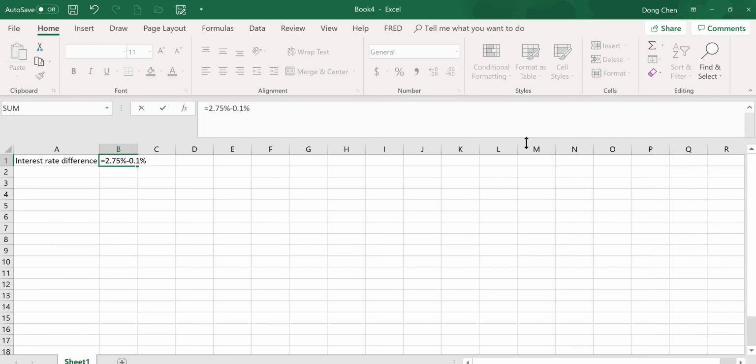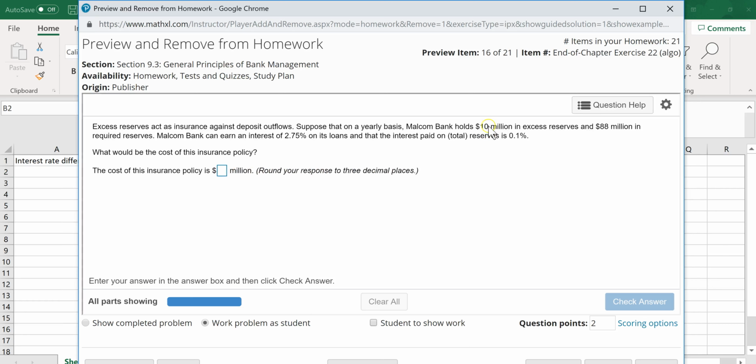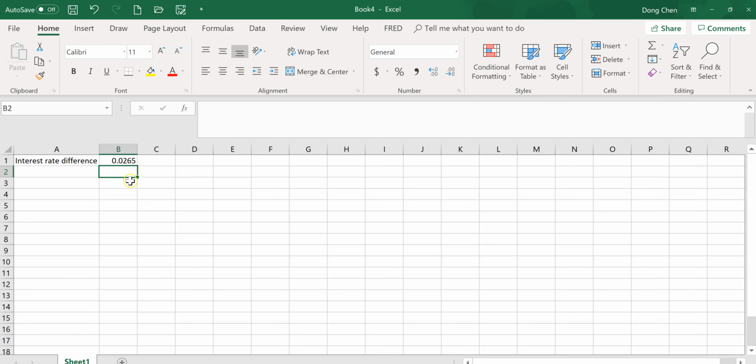Now the excess reserves are 10 million. We have to be careful about the unit here, which is in million dollars. We don't have to write this in dollar terms, we can just write this in million dollar terms.